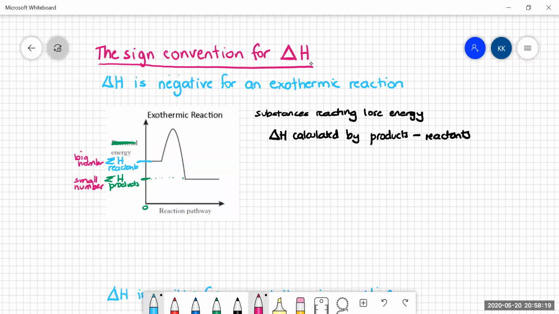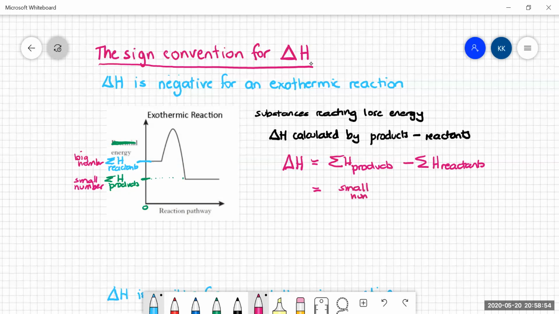So when we come to do our delta H calculation, our delta H is the sum of the enthalpy of the products minus the sum of the enthalpy of the reactants. Then what we're going to be seeing here is the products was the smaller number.